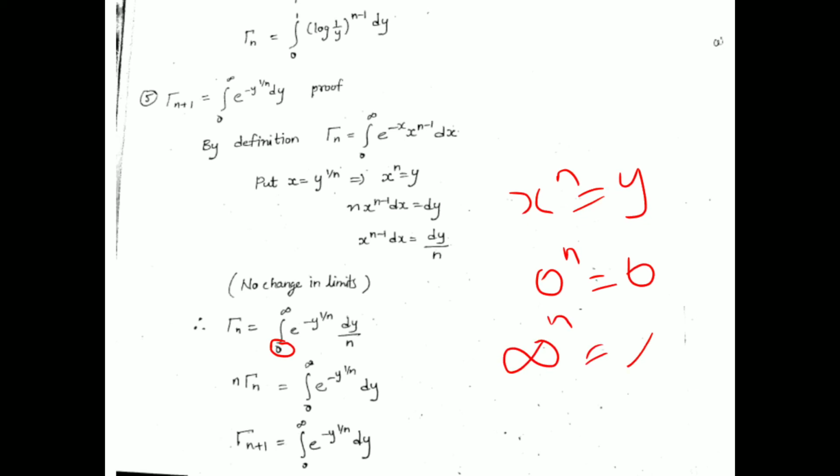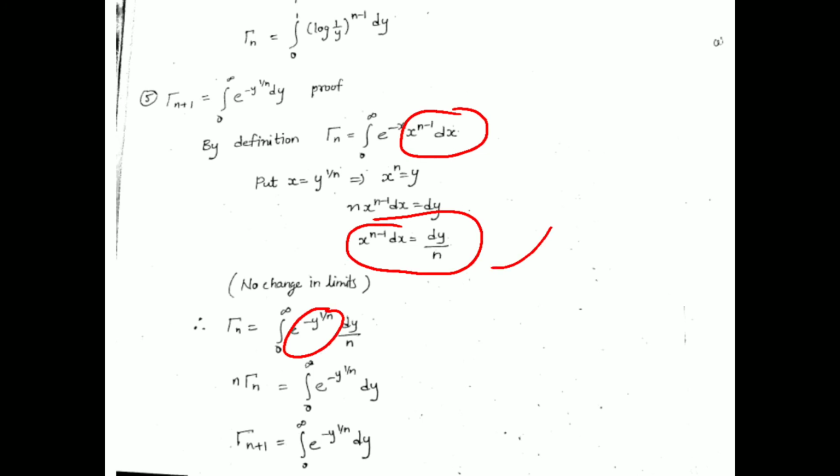Actually x power n is equal to y. So when x is 0, 0 power n is obviously 0, so y is also 0. So there is no change of limit here. And when x is infinity, infinity power n is again infinity, so y would become infinity. So there is no change of limits.